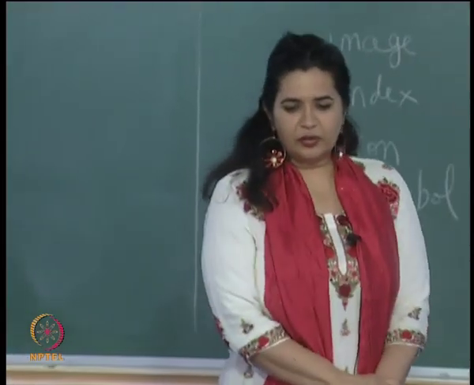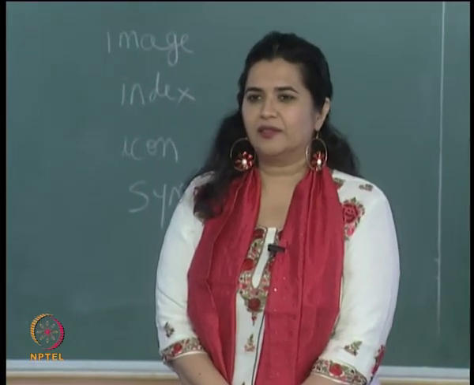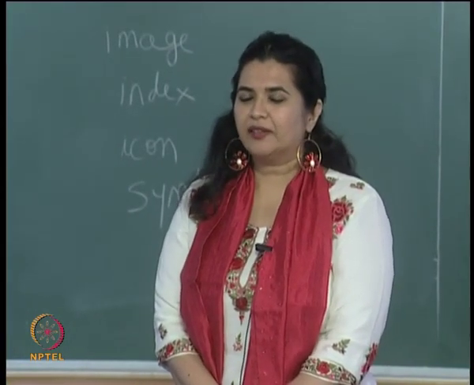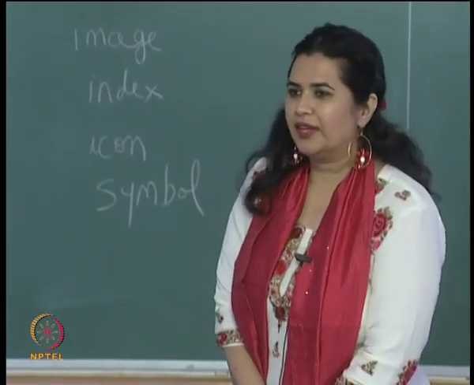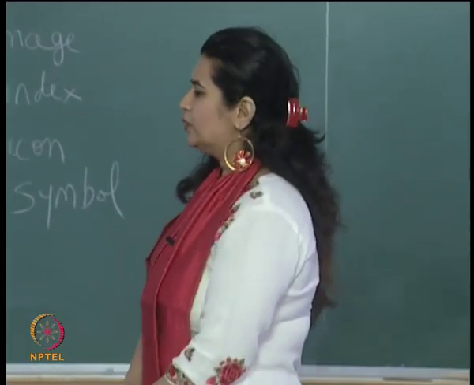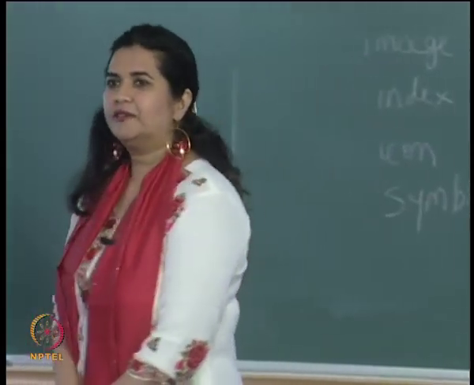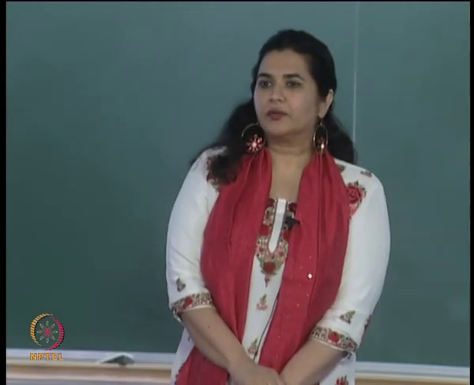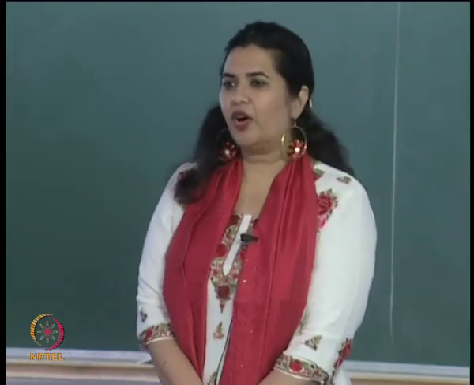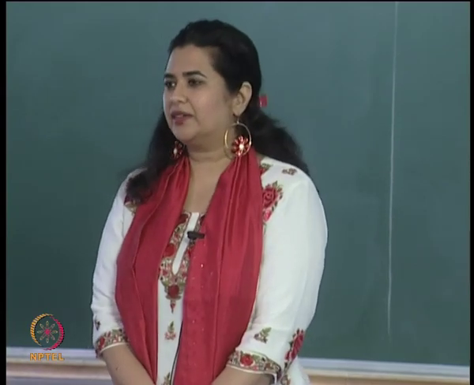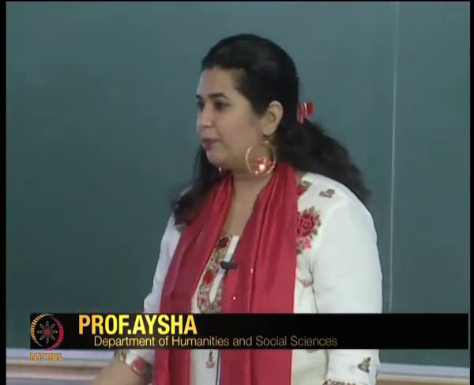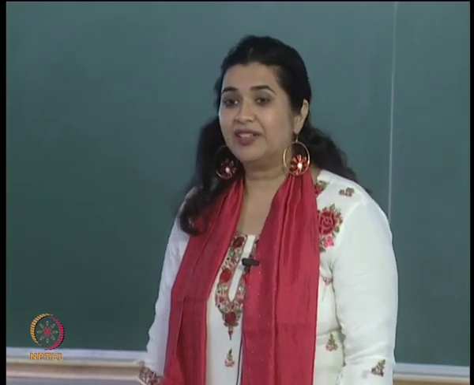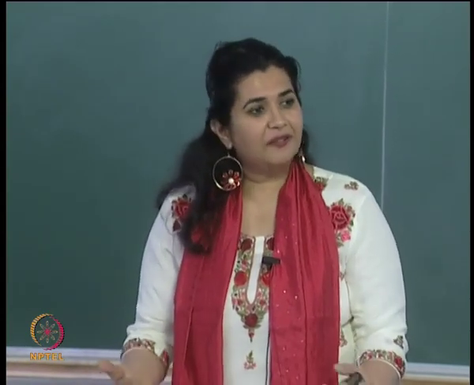Now, sign has two parts. We are talking about image, iconicity, indexes and signs. Sign has two parts, signifier and signified. Signifier is the ordinary physical part, the sign as object as we call it. The tangible things which we see, a pen is a pen is a pen, but does it signify something?